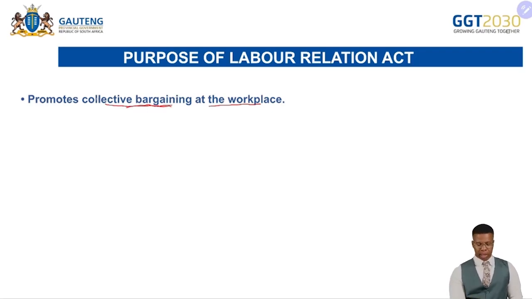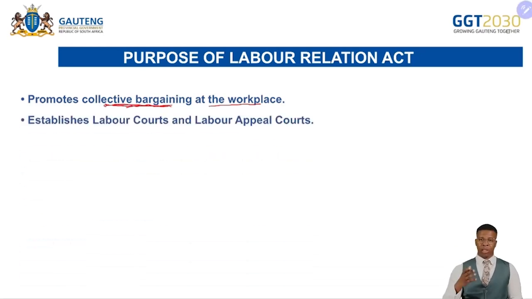Hence collective bargaining is promoted by the Labor Relations Act, because the act focuses on having a peaceful relationship between the employer and the employee. It also establishes labor courts and labor appeal courts, so that if a matter was not solved within the organization, it can be taken to external courts which will try to solve the matter looking into labor law.